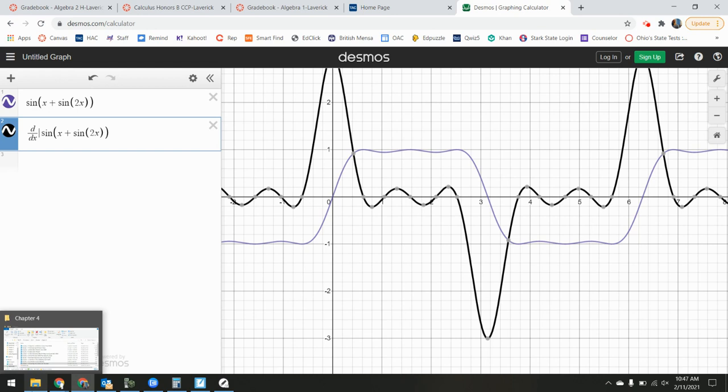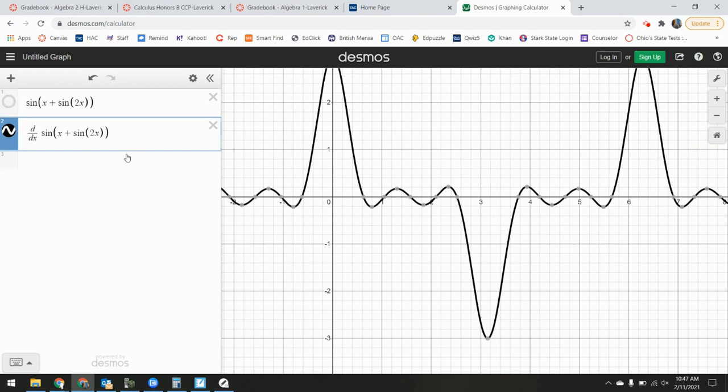I could have also done this. Desmos is nice because you could check algebraically whether your derivative is right. If I bring another function down, let's see if we actually got this right.